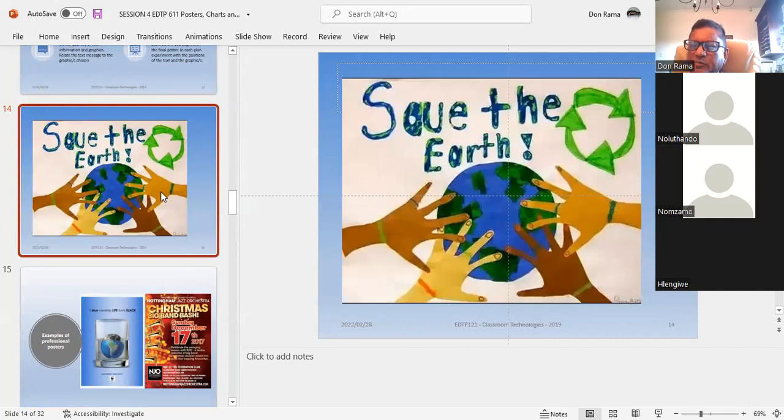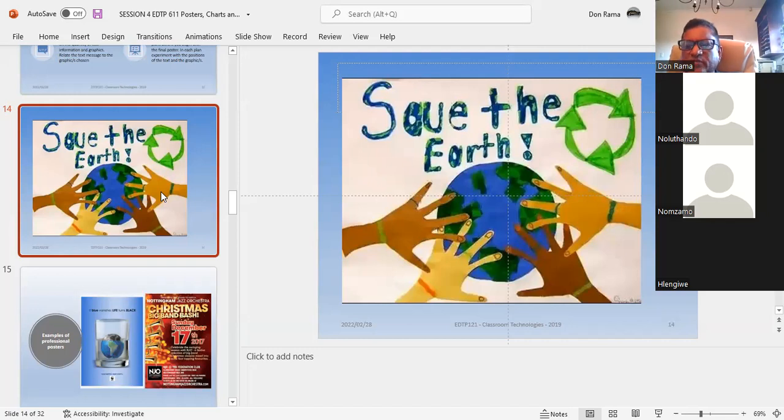And the symbol there is the earth, and you have these hands of different colors. It means the world population, right? It's made up of different racial groups, and everyone must be involved in saving the earth. Everyone must be conscious of the environmental conditions. So it conveys a message, right?